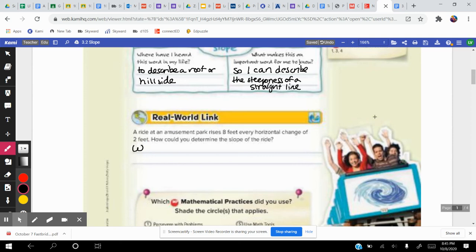Well, we could write the ratio of the rise to run, or 8 feet to 2 feet. Writing that as a ratio, that simplifies down to 4.